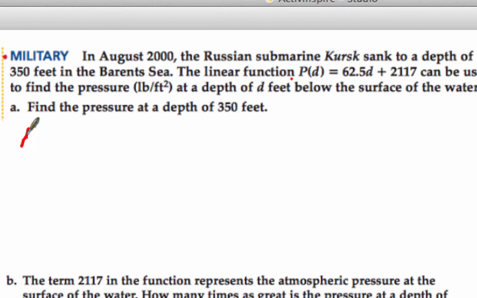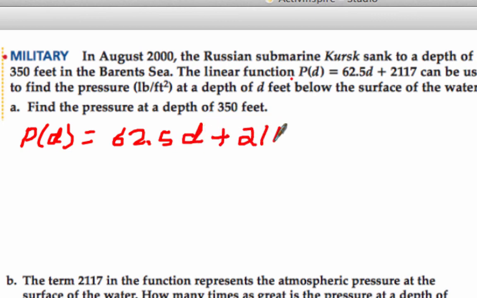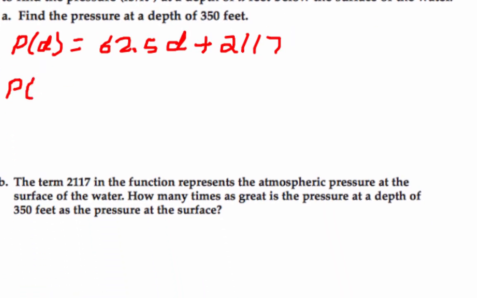So we're going to write our equation. So P of D equals 62.5D plus 2,117. So by substitution, we have P of 350, right? That's our depth. So 350 goes in. That's our new argument. Okay? And wherever we see a D, that's what 350 is going to replace.